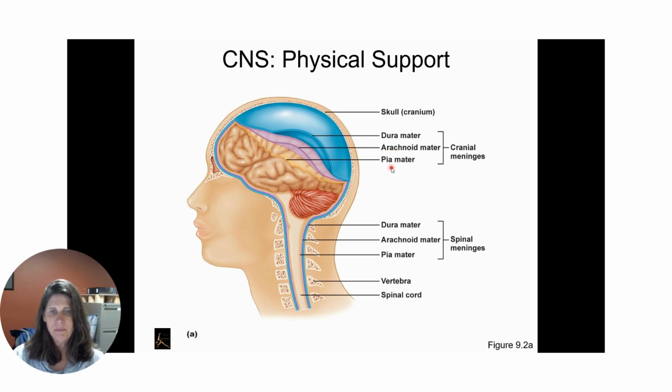And then the pia mater is a really thin layer that adheres right up against the tissue of the brain and the spinal cord. Okay, so again, this should be a review from anatomy. So please be sure you can look it up in our book as well. Make sure you understand the three protective and nourishing membranes of the CNS.